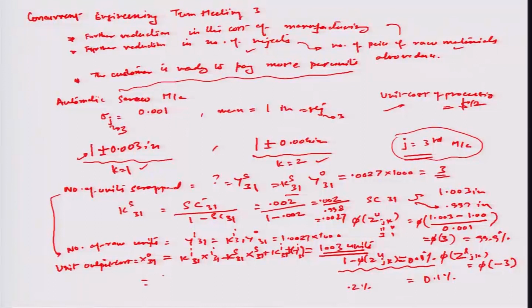So, in this particular case, it is 1.0027 times of the cost of the input material, which is about $10 a piece, minus the scrap 0.0027 times of $2, which is the scrap cost, plus the processing cost, which is about $12 times of 1.0027, which is the KI31 value. So, this comes out to be about $22.054.